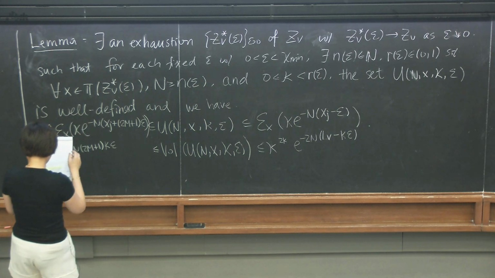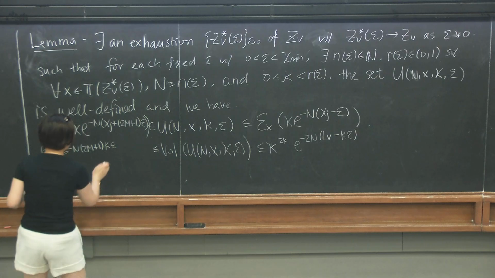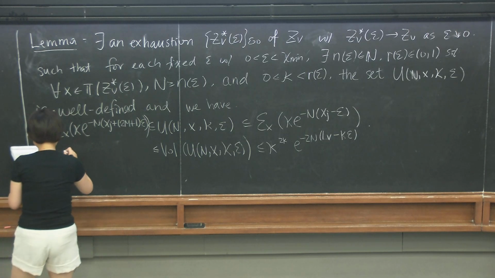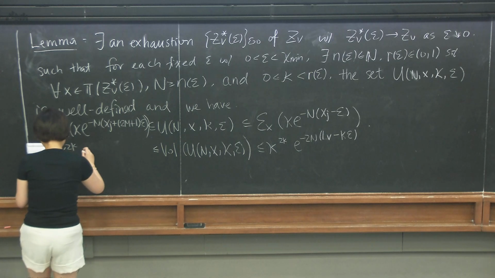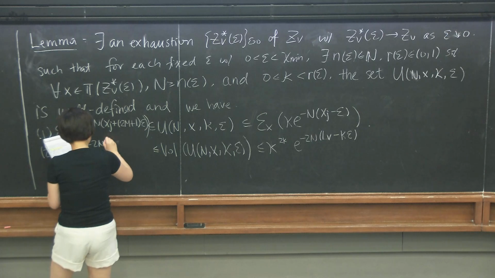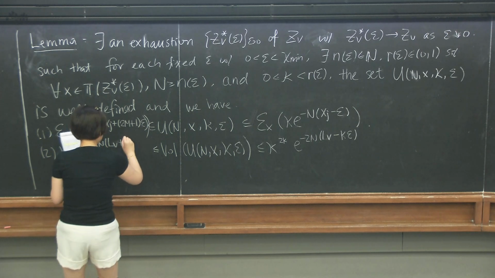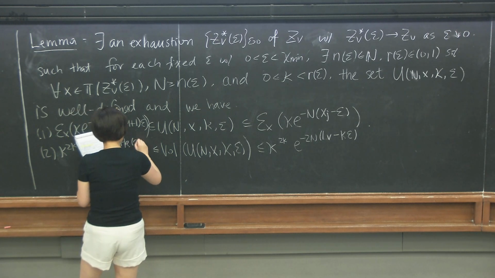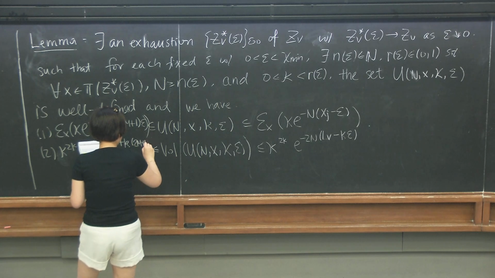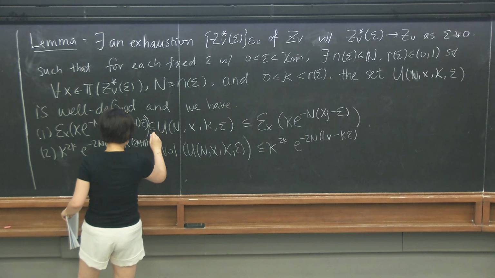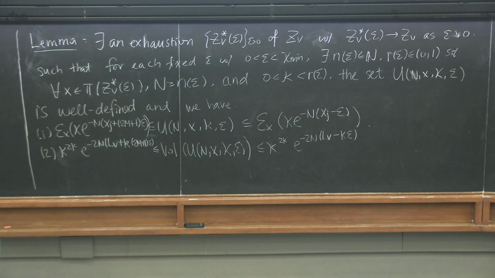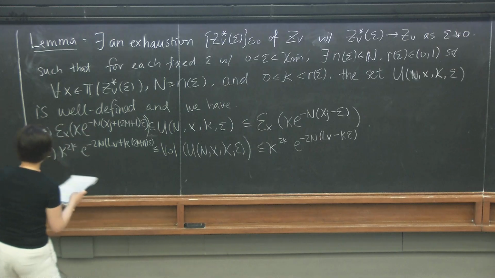Sorry, let me erase here. So this is kappa, 2k, e to the negative 2n, sum of the Lyapunov exponents, plus k times 2m plus 1, this number, epsilon. If you know they're contained in the ellipse, you can calculate the volume of these ellipses. So you know the volume of these is bounded like this.